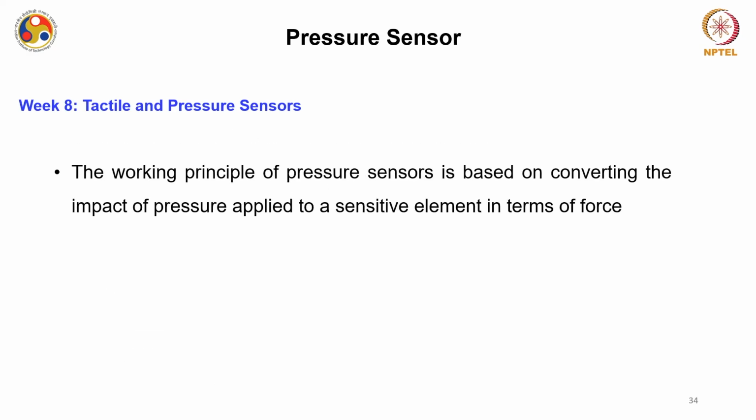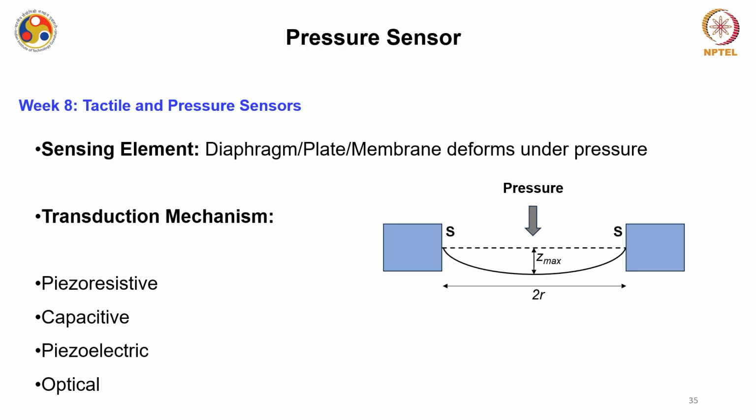Then in the same module, there was another section on pressure sensors, where we talked about their fabrication and characteristics. The working principle of pressure sensors was based on converting the impact of pressure applied to a sensitive element into force over a specific defined surface area.